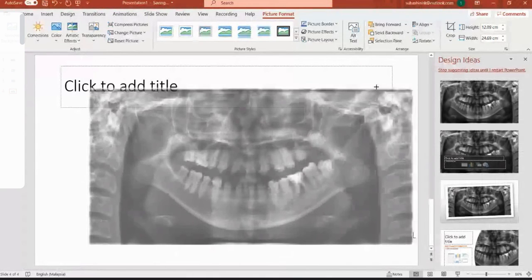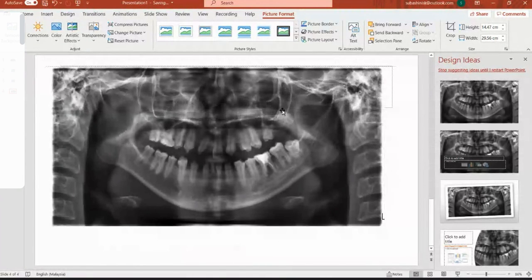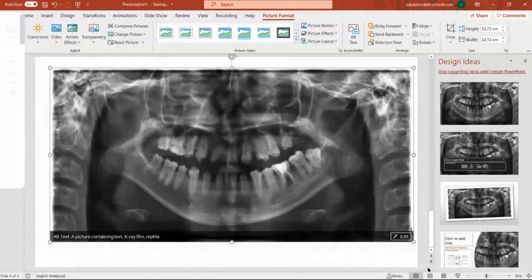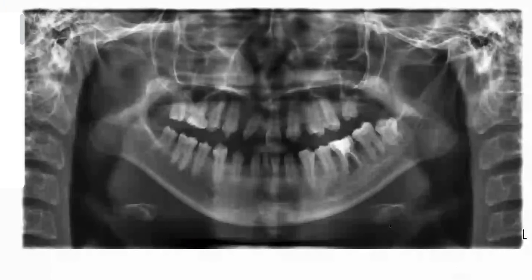Okay, comment on this panoramic radiograph, students. Can you all see the case of oligodontia? Yes or no, students? Yes.